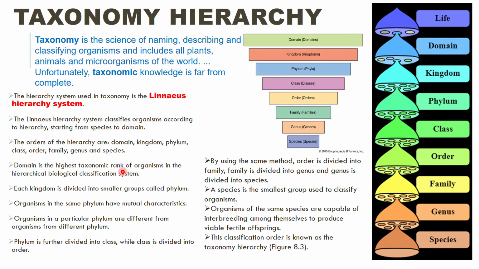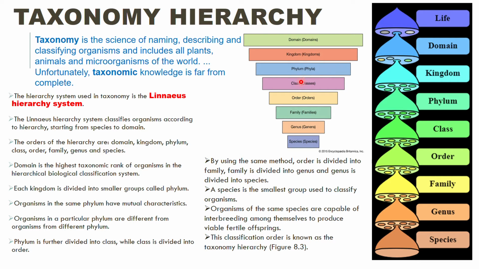And each kingdom is divided into smaller groups ataupun phylum. Organisms in the same phylum have mutual characteristics, iaitu mempunyai ciri-ciri yang sama, and they are different from the organisms in another phylum.